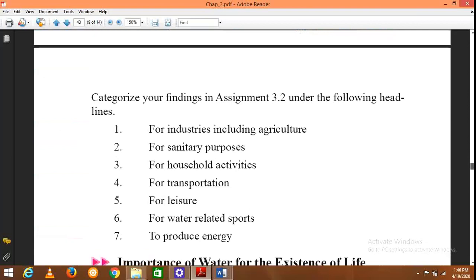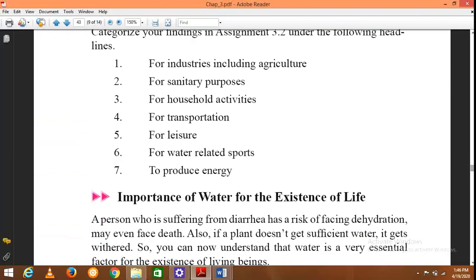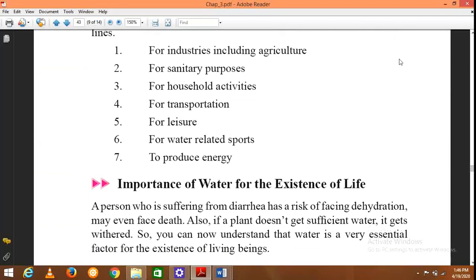So if we summarize the uses of water, we can say for industries including agriculture.